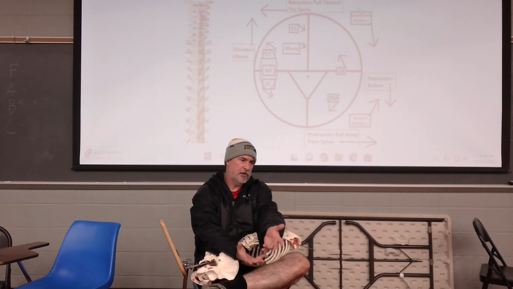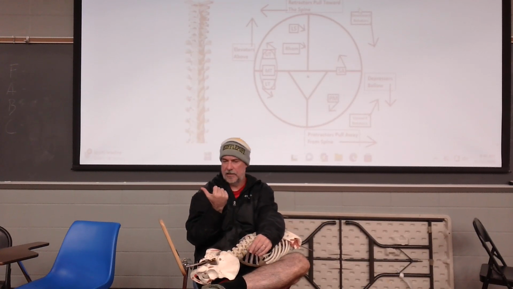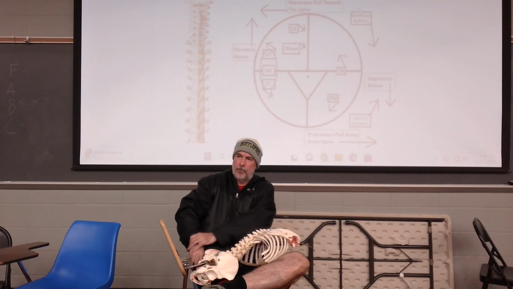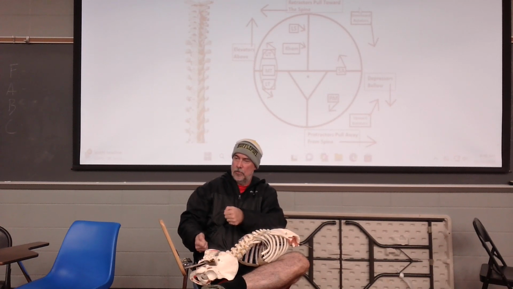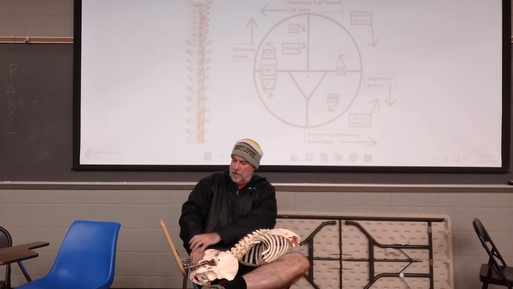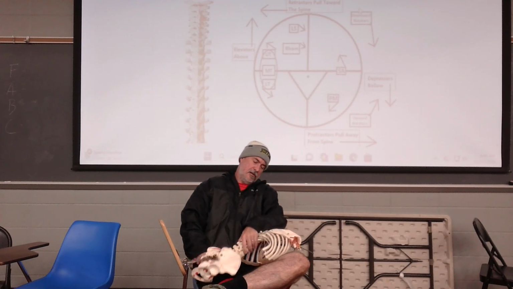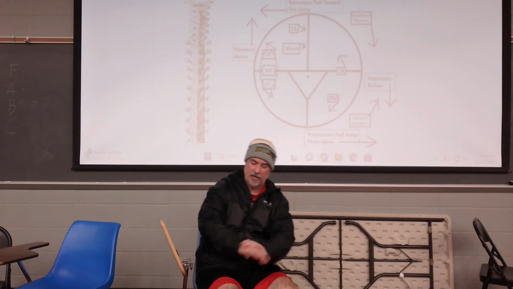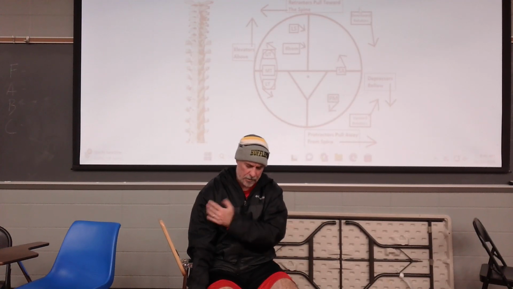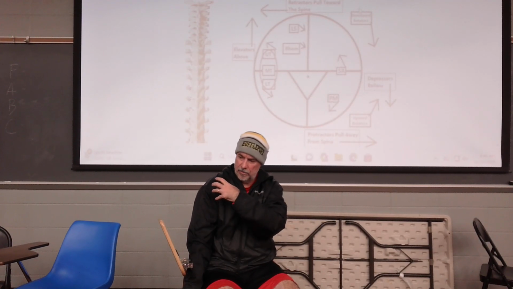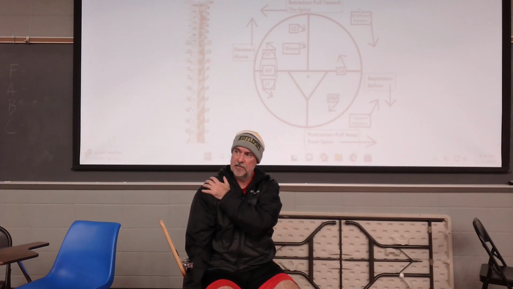If I'm laying down on a table, or if Grace is laying down on the table, and I pull her arm down, like I'm doing traction on her, I'm pulling on her hand, which is connected to her forearm, which is connected to her upper arm. And the humerus is obviously connected to the scapula.